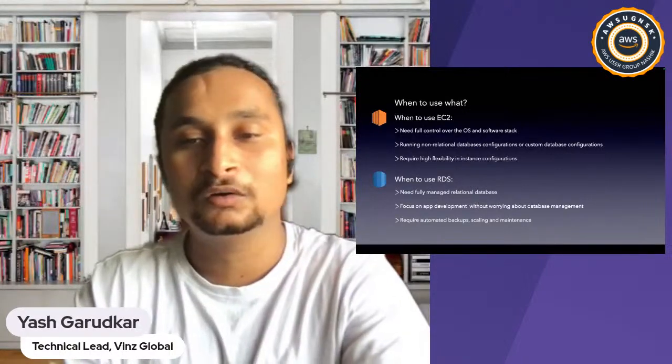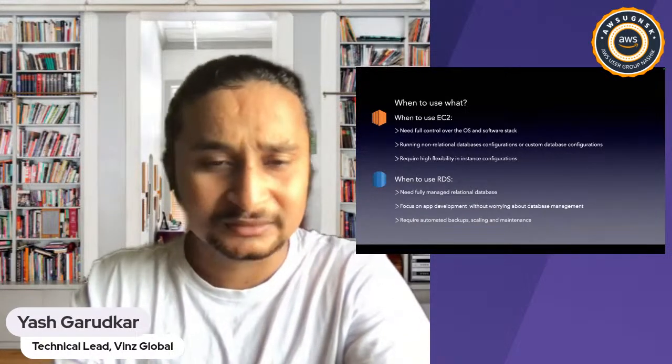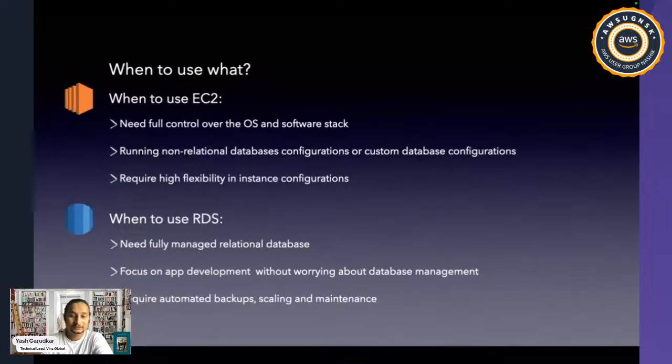Someone may do a wrong commit, or maybe the database was deleted by some instance, which has happened in recent times in a lot of companies. These automated backups come very handy. So all the database engineer has to do is go to their RDS instance, look for the last backup that was available, and just restore that last snapshot to the RDS instance.